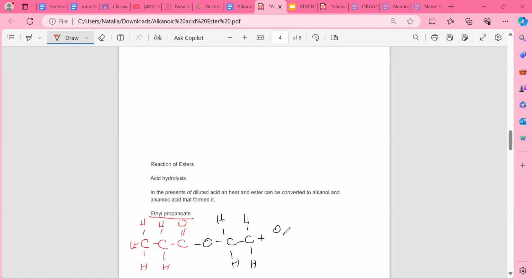When I add water, my molecule is going to break right here. And to this portion, I'm going to add OH, and to here I add H. So what I'm left with is H, C double bond. And then I add back my OH here.